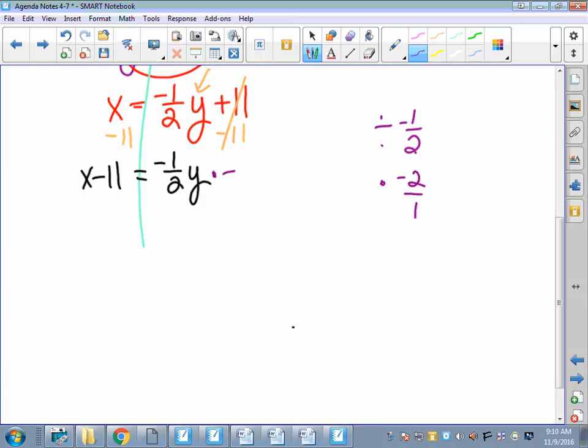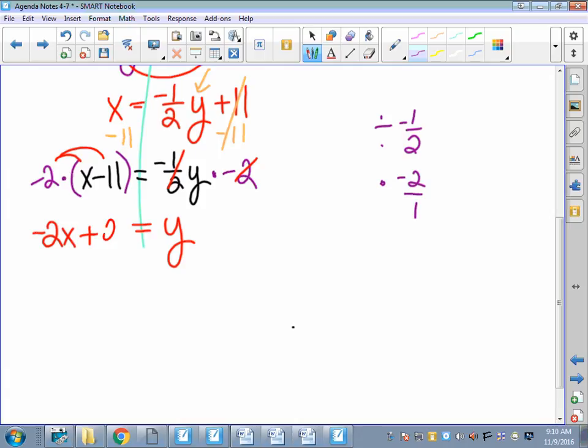So I'm going to times by negative 2, times by negative 2. I'm going to put parentheses around that so I don't forget to distribute. Because if I times by negative 2, I have to times everything by negative 2. So those guys cross out, so I've got y equals y. Over on this side, I've got negative 2x plus 22. Watch your sign.